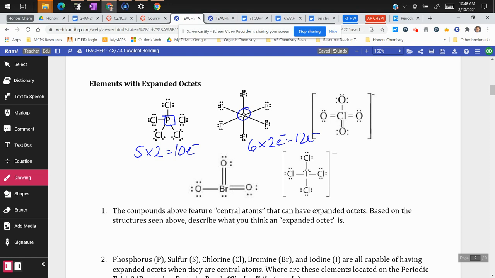This chlorine has 3 double bonds, which is actually 6 bonds in total, and a 7th bond. So 7 times 2 electrons is 14 electrons. And I can continue looking at all of these, and I see that the number of electrons is much greater than 8 each time. It's not a consistent number from one structure to another, but an expanded octet just means we can have greater than 8 electrons on the central atom.